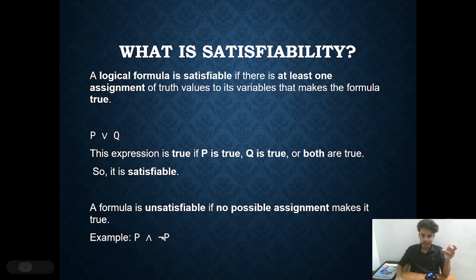In an AND operation, if one is true and the other one is false, the value is always false, because both of the statements must be true in an AND statement. Only then will the statement be fully true. So this is never a satisfiable formula. That makes it unsatisfiable. Or you could say that there is no truth assignment to it.